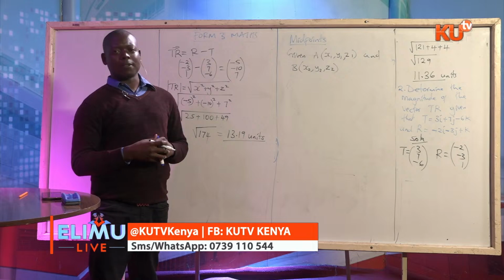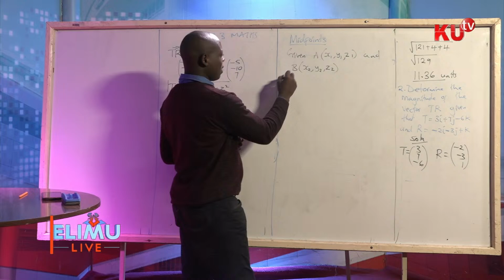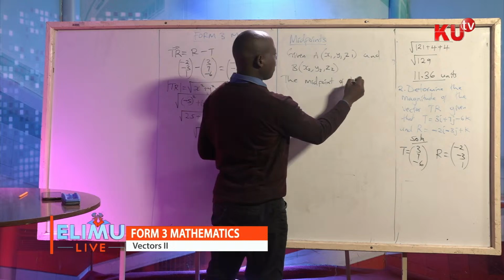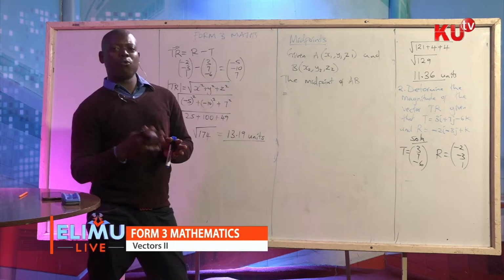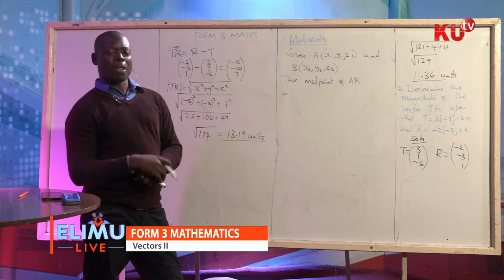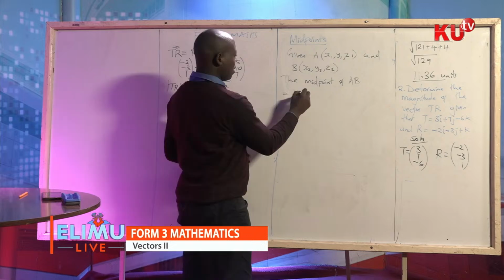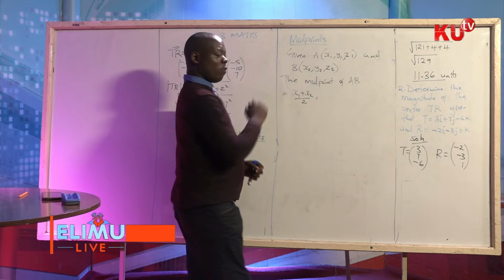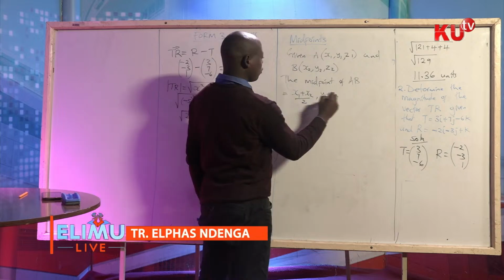If we are told to get the midpoint of AB, the midpoint of AB implies, look at what is on the x, half of it. That is x1 plus x2 over 2. Go for the y: y1 plus y2 over 2. And go for z.